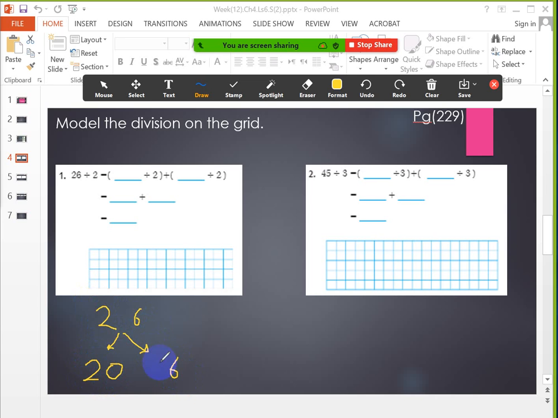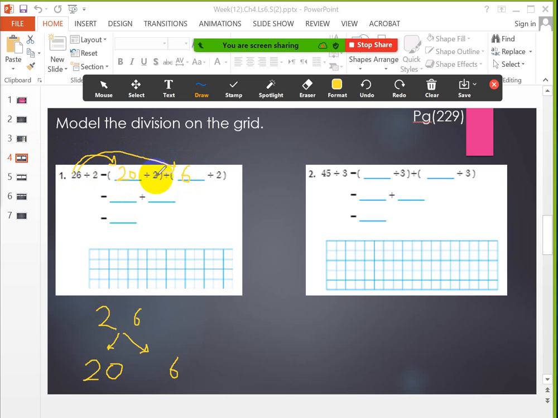Take a look at those two numbers. They are able to divide by 2, right? So I can break this number into 20 and 6.